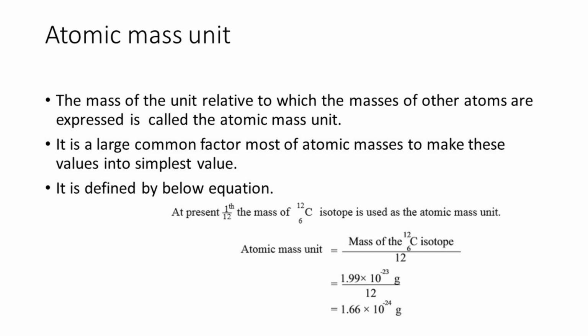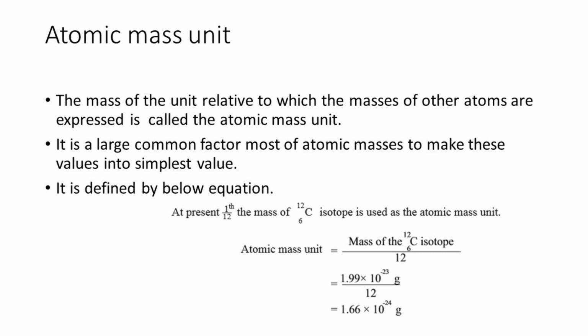We are taking it to get the relative atomic masses of atoms. Because the atomic masses are really complex, you need to take a relative atomic mass. So we need to divide by a large common factor. That specific large common factor is the atomic mass unit. So they calculated it as 1/12 of carbon 12 mass.